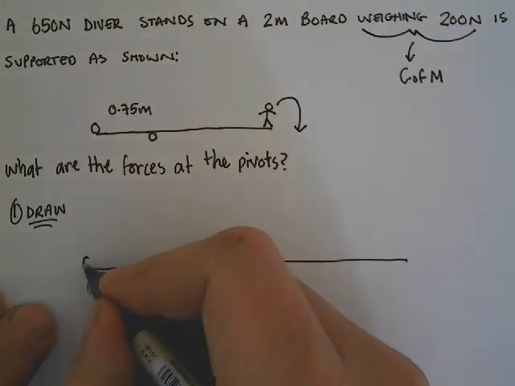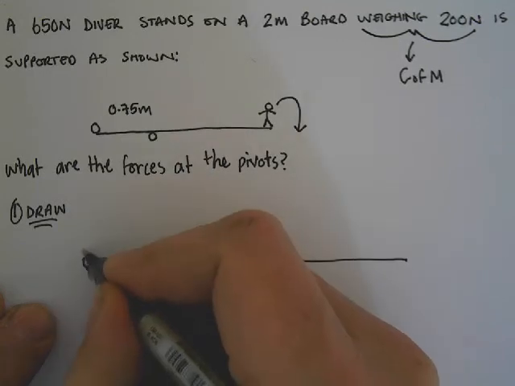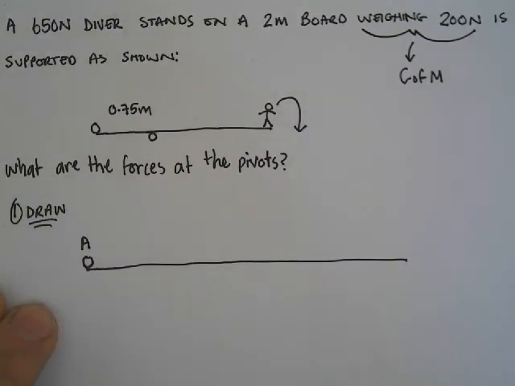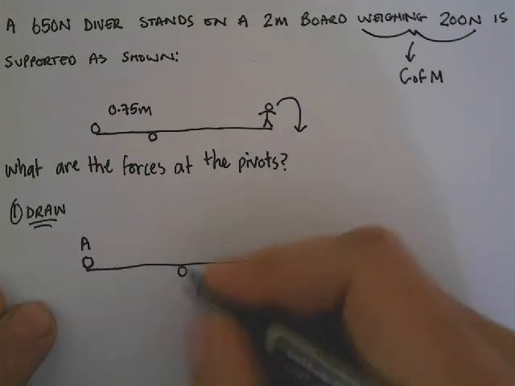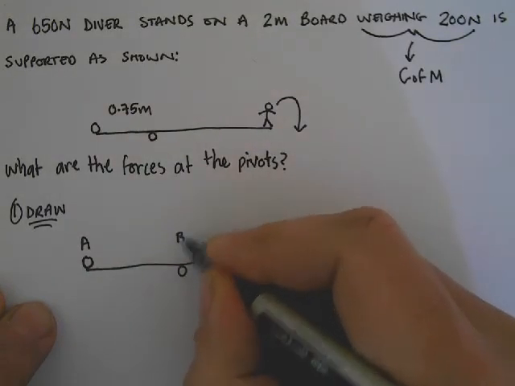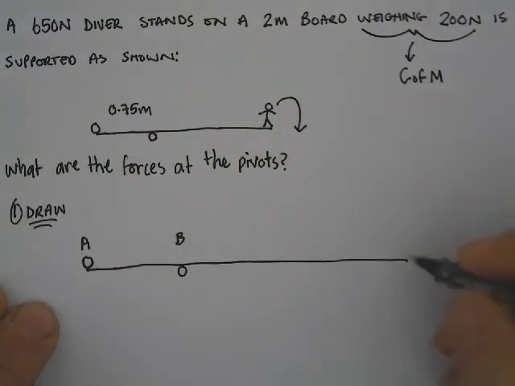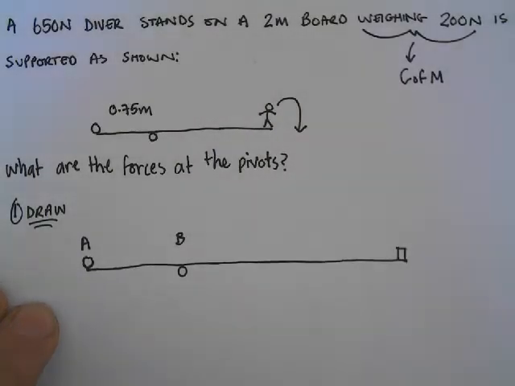I'm going to put this point here and label this A so that I can refer to it later. This point here I'm going to label B. I'm not going to bother drawing my diver this time, I'm just going to draw a little box.